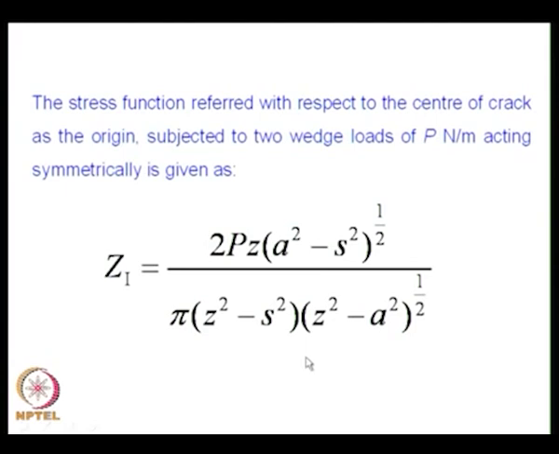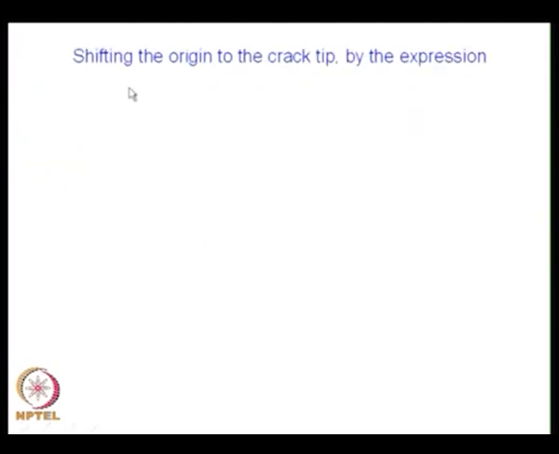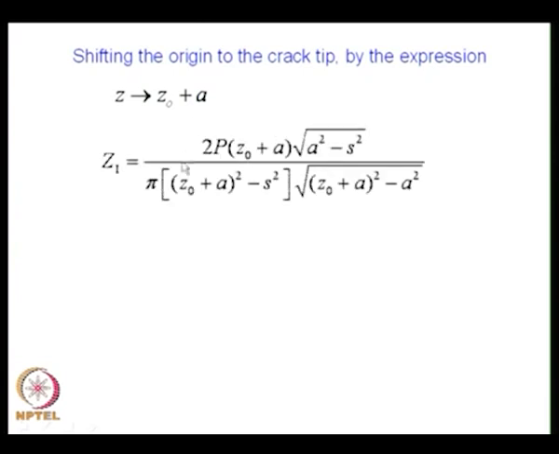So, this is the stress function that we had started with, and the next step is you have to shift the origin to the crack tip by the expression Z becomes Z naught plus a. Those who have done this in your rooms, please verify the expressions.